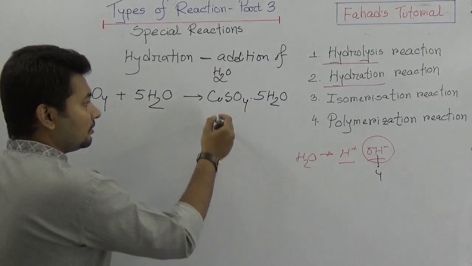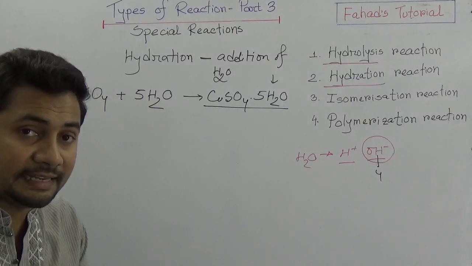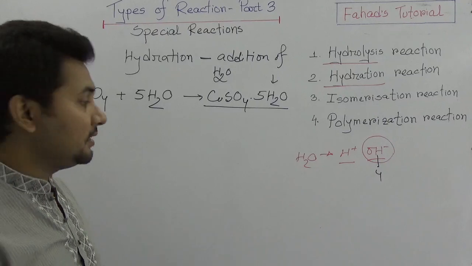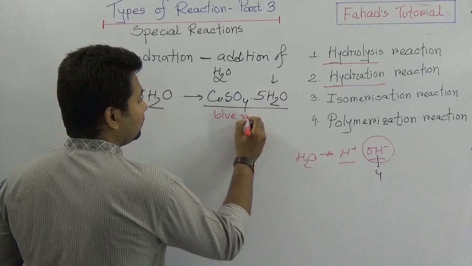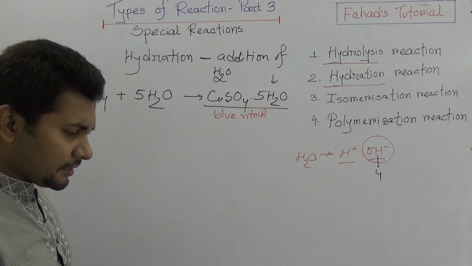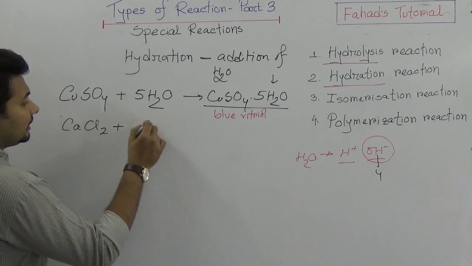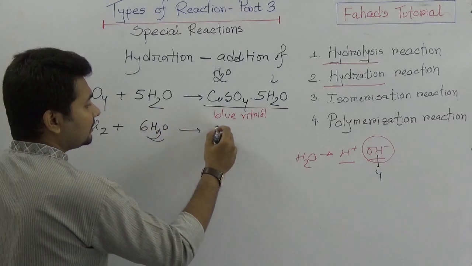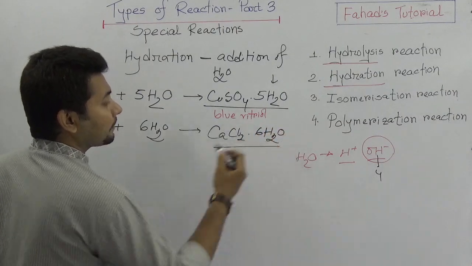You see, it forms a crystal lattice. These 5 molecules of water are directly added to 1 molecule of copper sulfate, and this is called blue vitriol. You know it already. Even calcium chloride, with 6 molecules of water together, will again form CaCl2 dot 6H2O.